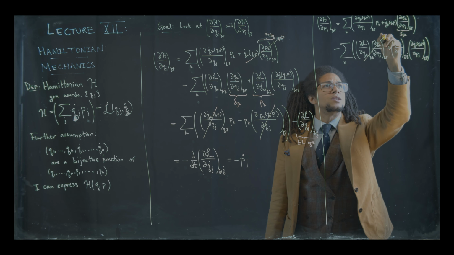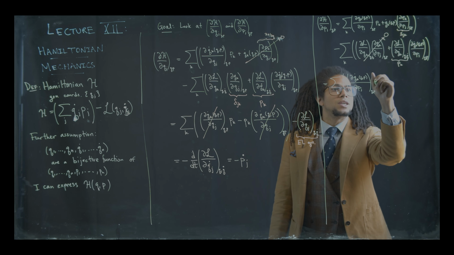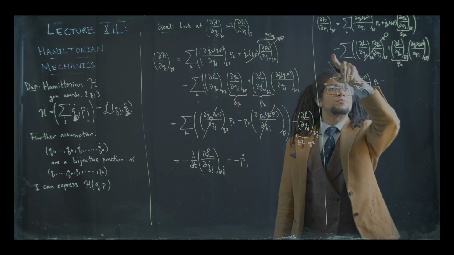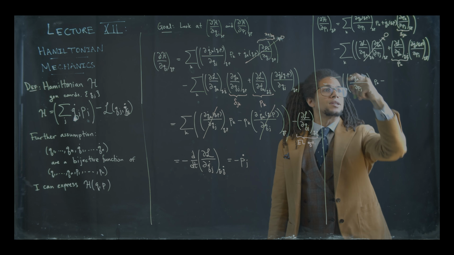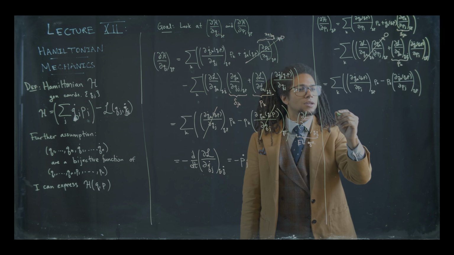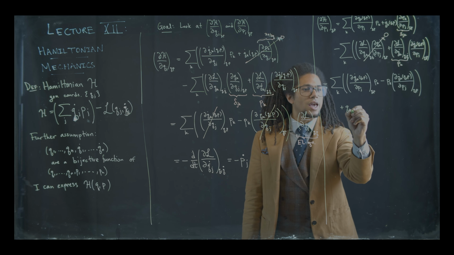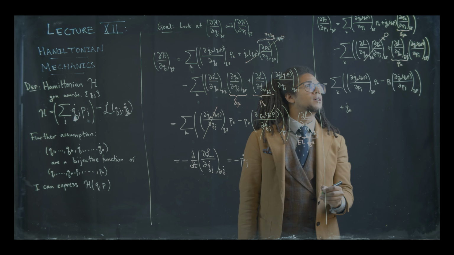We get dqk dot, which is a function of q and p, dpj, fixing q and p, times pk, minus, because of that minus sign, pk times dqk dot, fixing q and p, with respect to pj while fixing q's and p's. Okay? And then in this case, we get plus qk dot, and that's it.